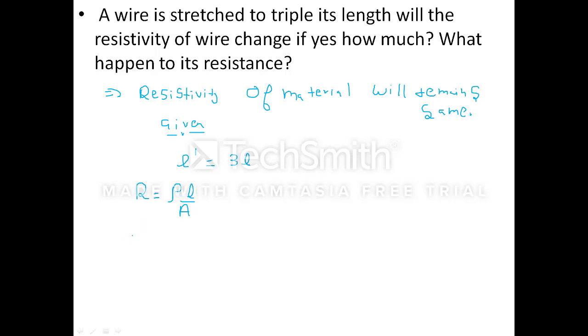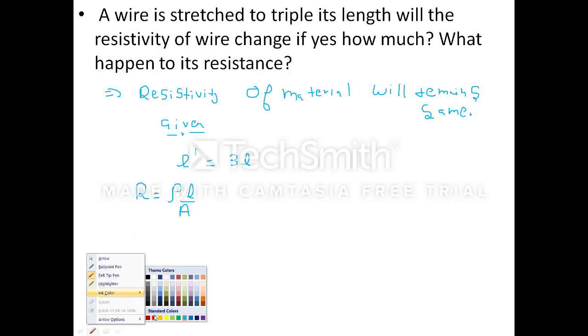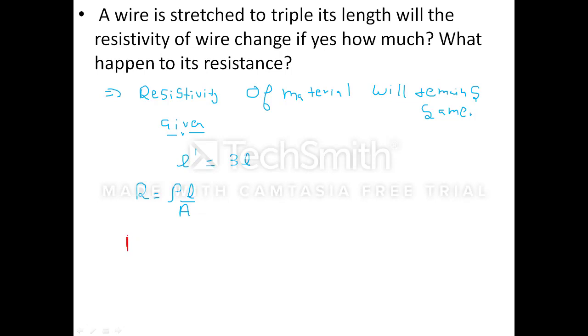Now when the wire is stretched, the condition would be R dash equal to rho dash L dash by A dash. Now if we compare the first equation and second equation, we find that length and area of cross section changed, whereas rho remains same, resistivity remains same.